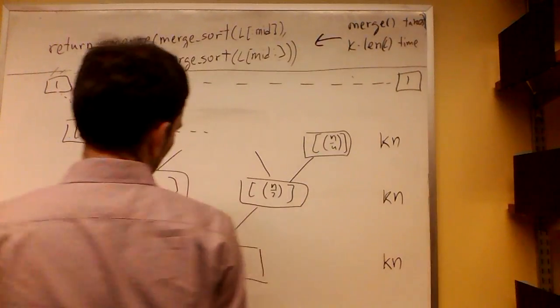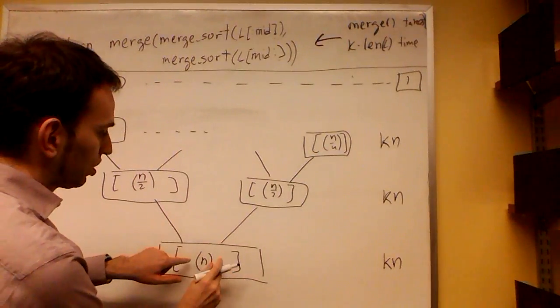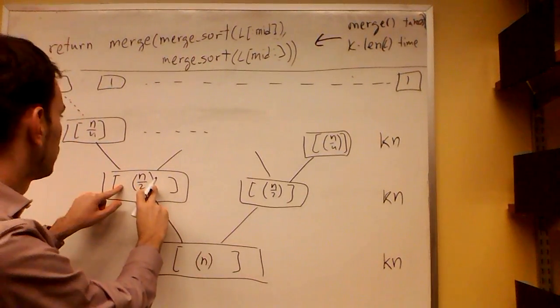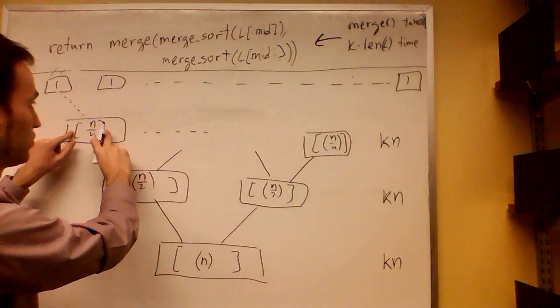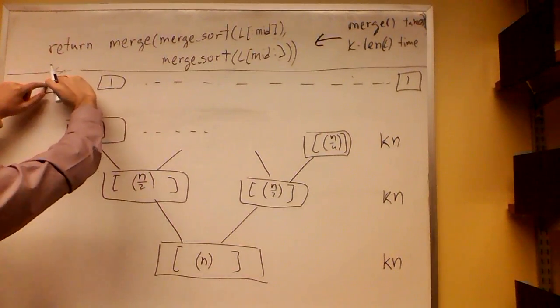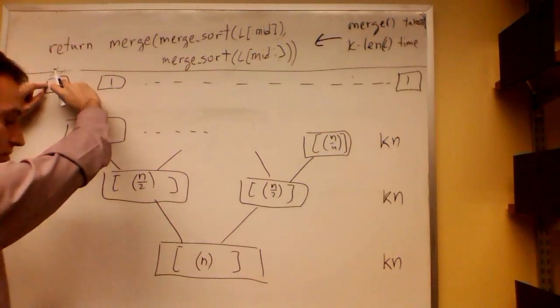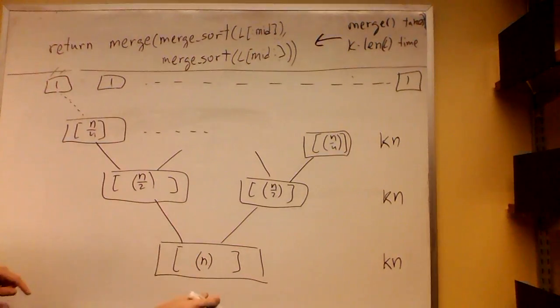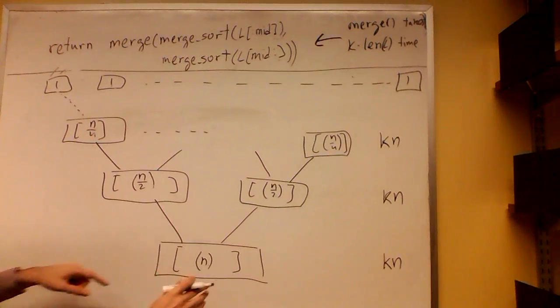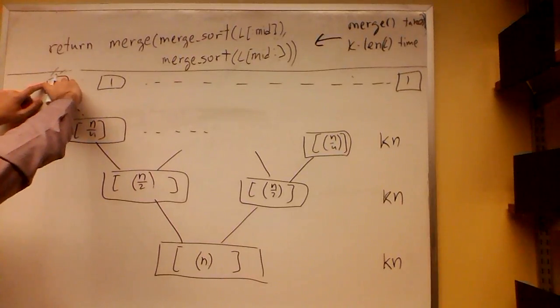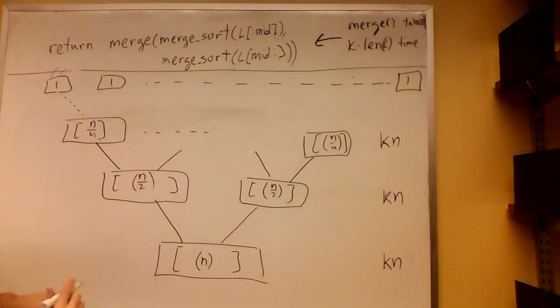What we need to do is we need to say, okay, so here we start with a list that's of length n, and here the list is of length n over 2, here the list is of length n over 4, and so on, up until the point where the list gets to be of length 1. So that means we are dividing the length by 2 every time, and we're going from n down to 1. Now, n is 2 to the log 2 n.